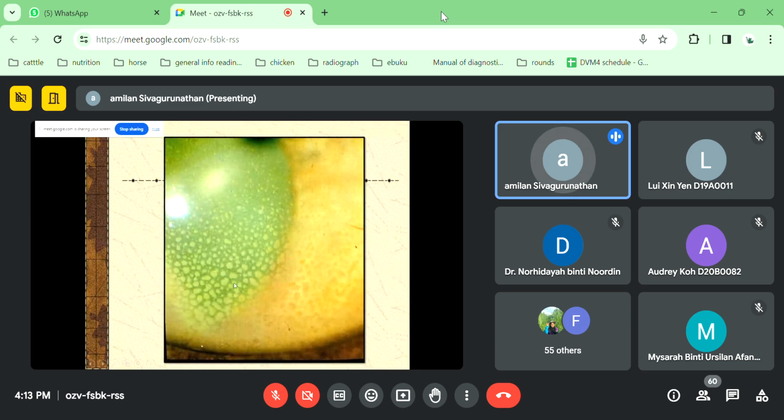So here's an example of what we would term keratotic precipitate. It's another form of fibrin deposition. And if you look, these are all immature T cells, B cells, lymphocytes, macrophages, monocytes. So it's very clear that the blood ocular barrier is damaged in order for these cells to get into the eye.